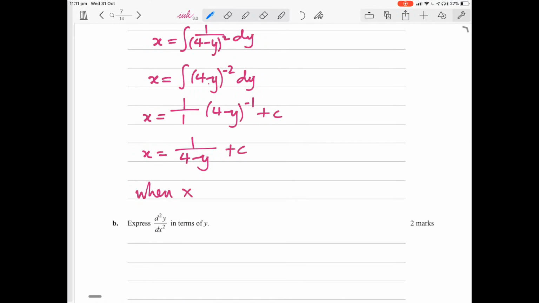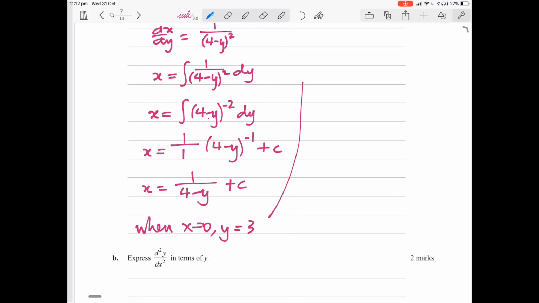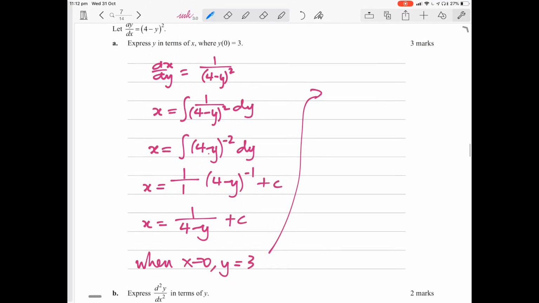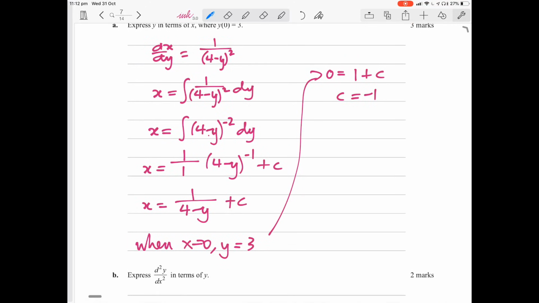When x equals 0, y equals 3. So we get 0 equals 1 plus c, so c is negative 1. So we have x is equal to 1 on (4 minus y) minus 1.